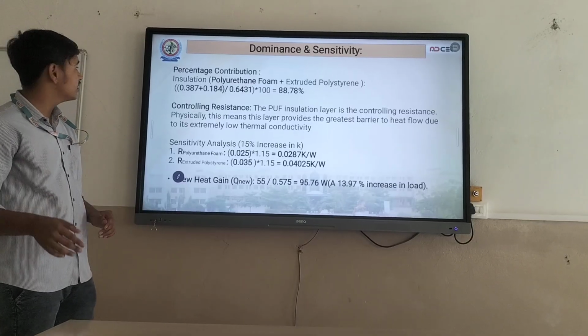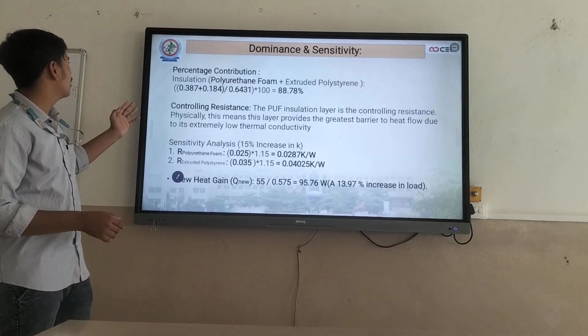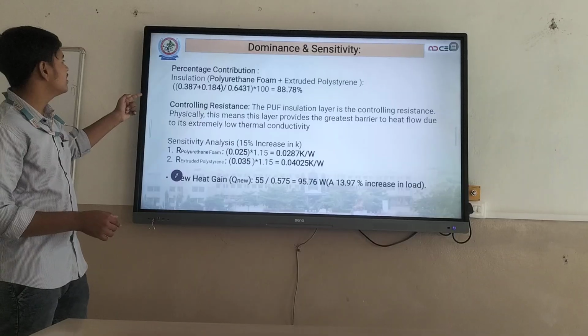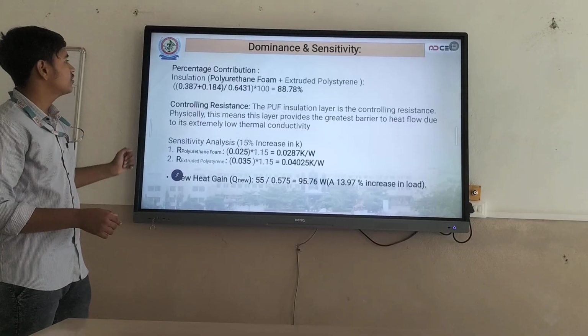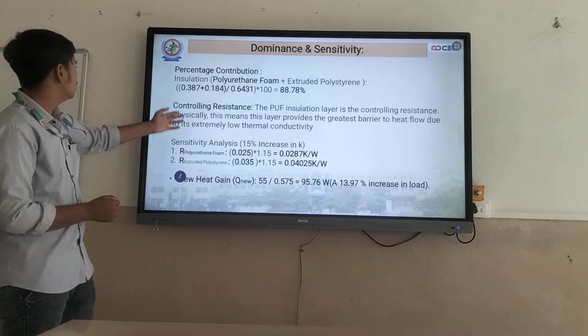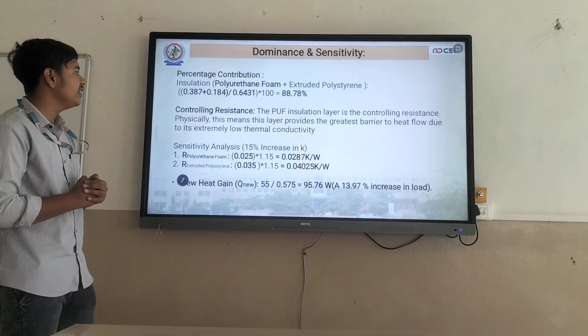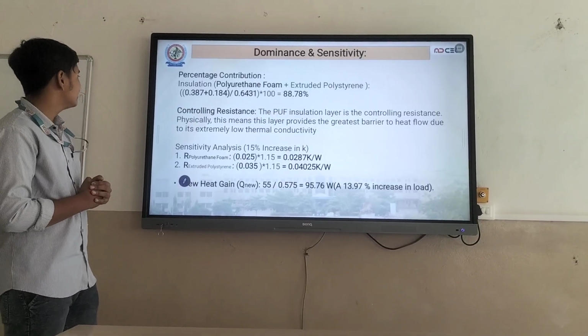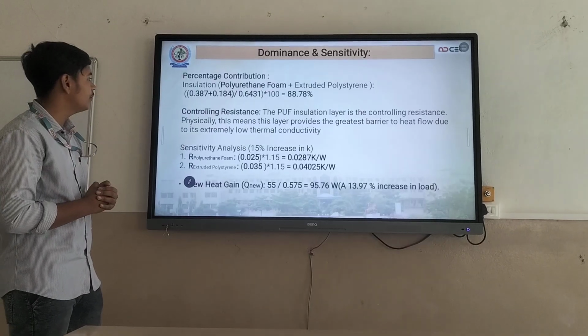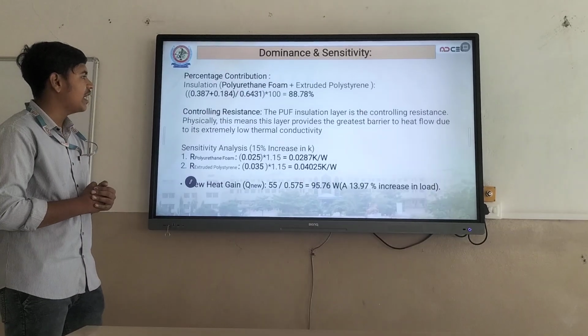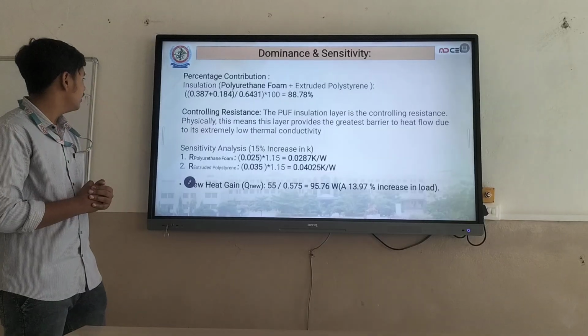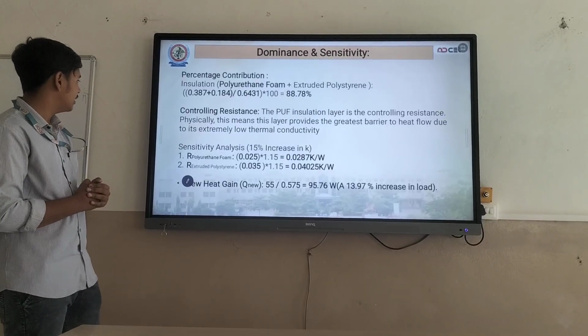Dominance and sensitivity: polyurethane foam and extruded foam. The polyethylene foam insulating layer is the controlling resistance physically. It means this layer provides the greatest barrier to heat flow, due to its low thermal conductivity.